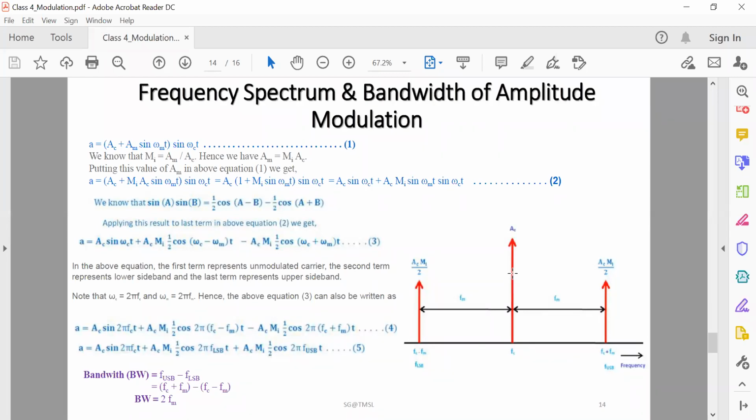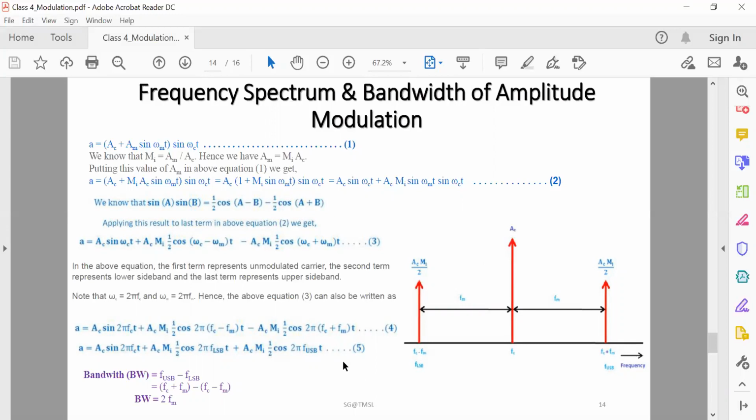Okay, and this is the carrier frequency, and the upper sideband and lower sideband will not have the same amplitude as the carrier wave. It will always be half of this one. Okay, these two frequency bands will always be half of AC.